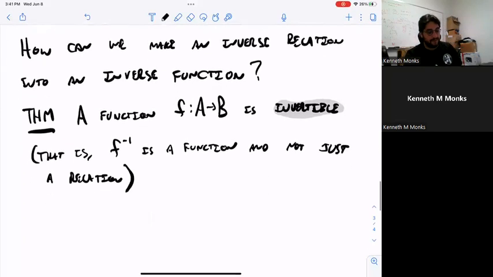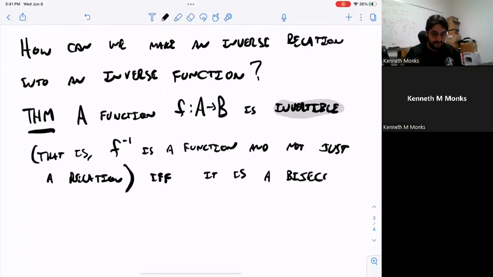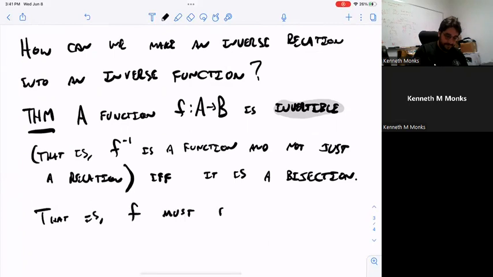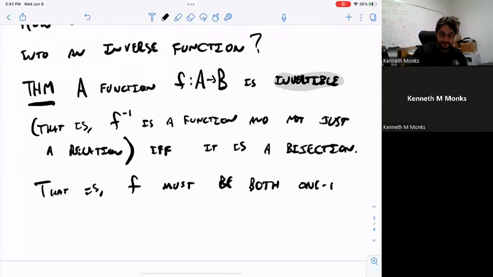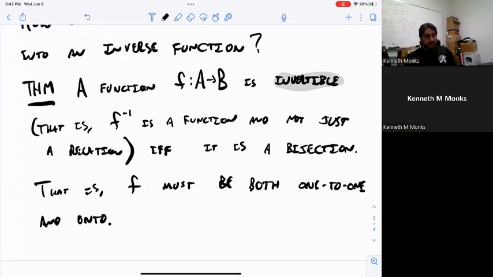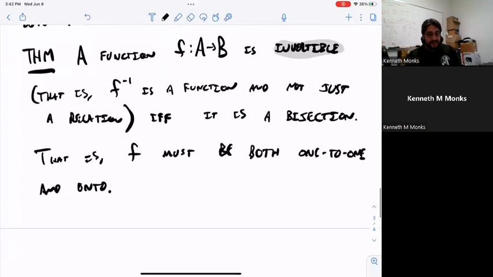A function is invertible if and only if it is a bijection. That is, we need f to be both one-to-one and onto. One-to-one, also known as injective, and onto, also known as surjective. So we have a way to accomplish both of these.